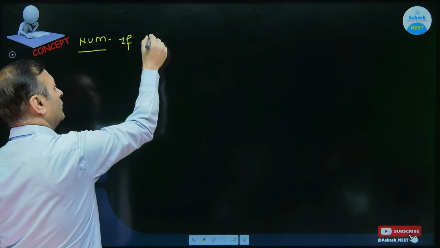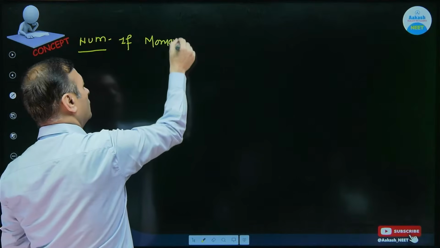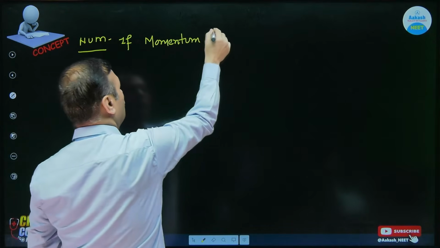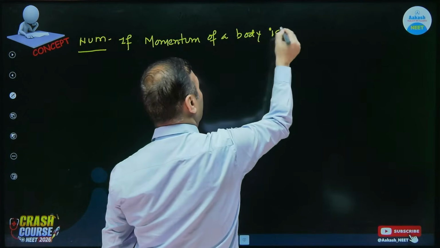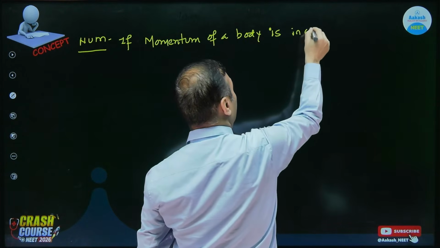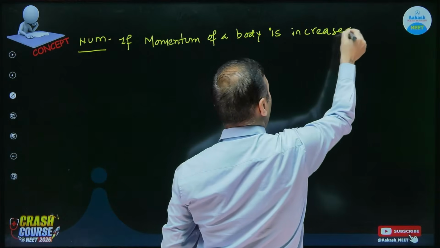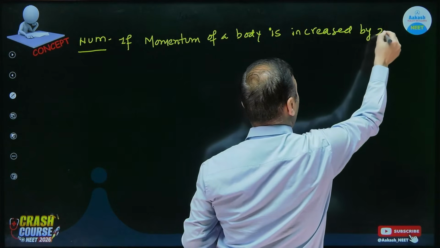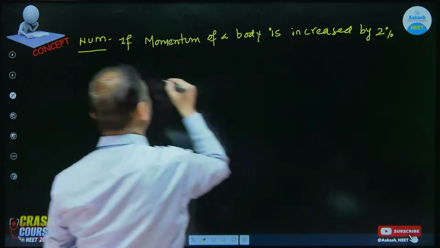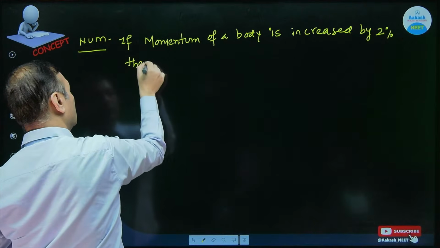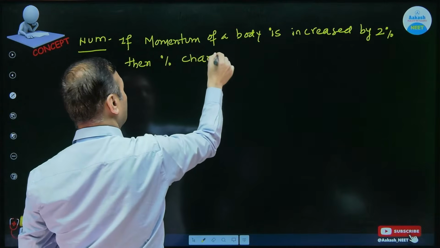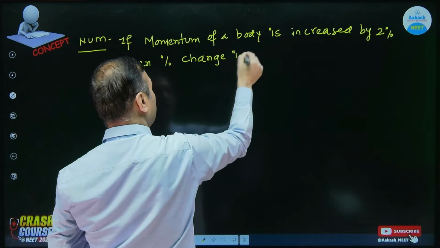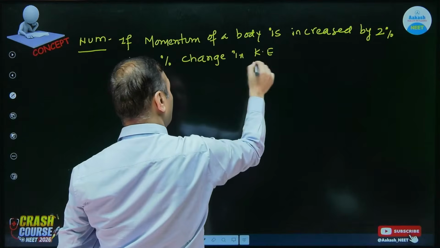If momentum of a body is increased by 2%, then find the percentage change in kinetic energy.